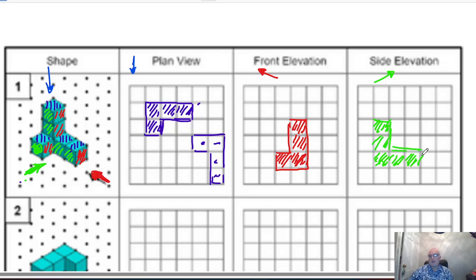Okay, so I'd be able to draw the side elevation just like that. Okay, so let's move on to the next one.